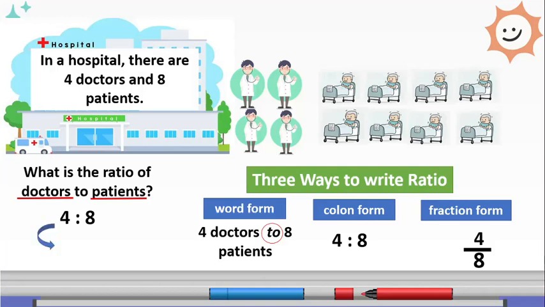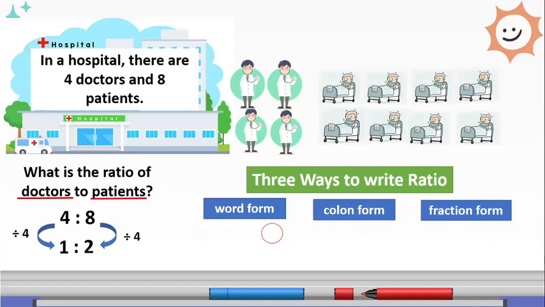So 4 divided by 4 equals 1. 8 divided by 4 equals 2. Therefore, the final answer to the question, what is the ratio of doctors to patient, is 1 doctor to 2 patients by word form.